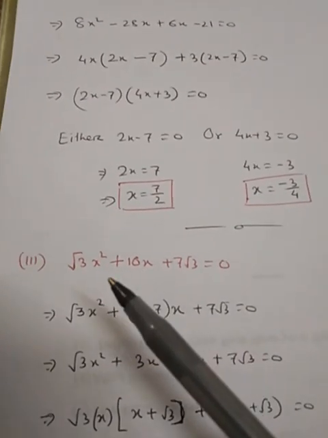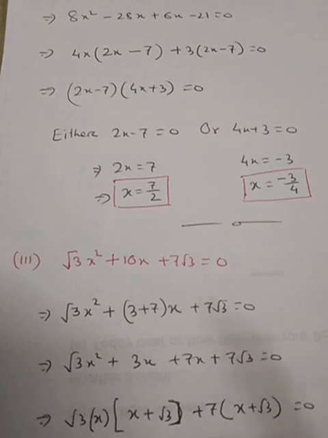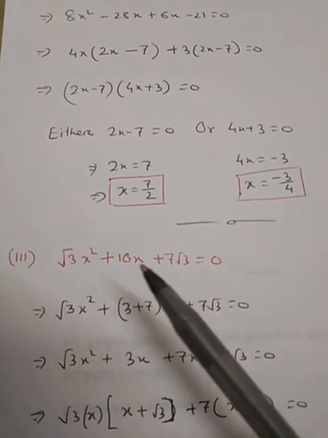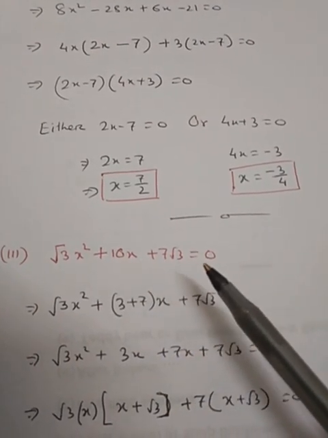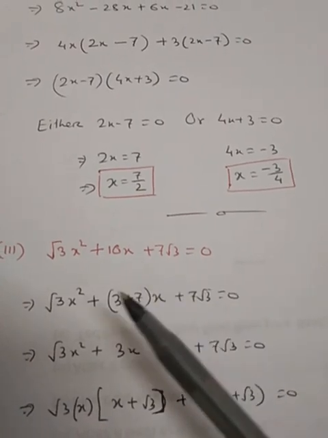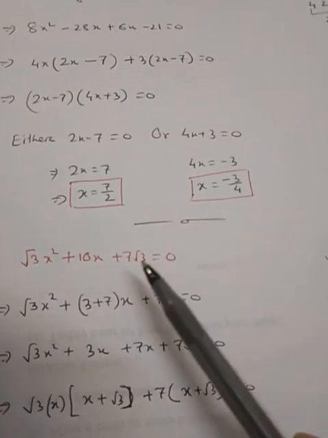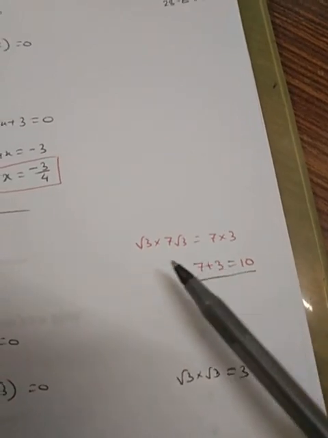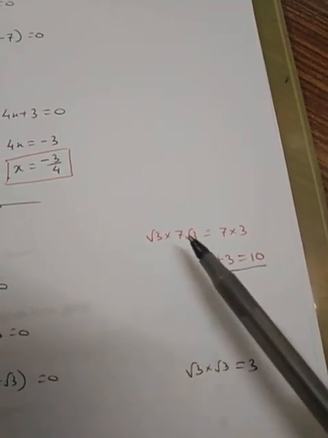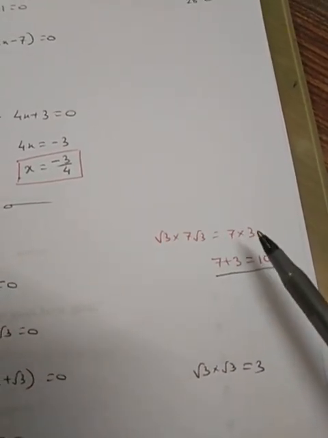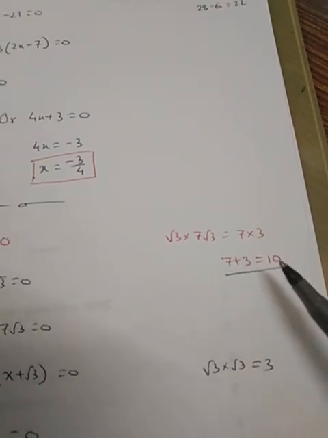Next question. √3x² + 10x + 7√3 = 0. So here also √3 will multiply with 7√3, and then this will be √3 into √3 is 3, so 7 into 3, and 7 plus 3 is 10.